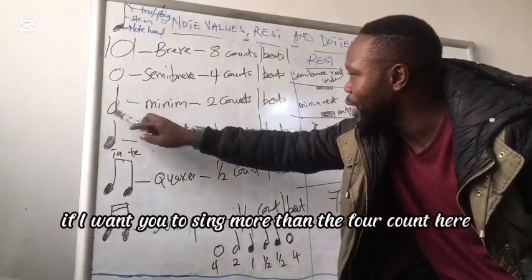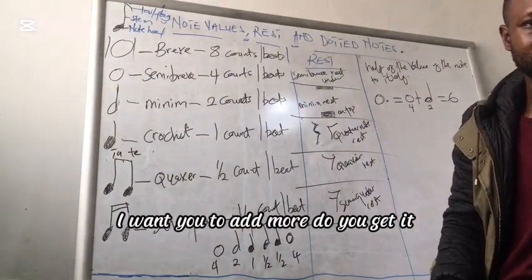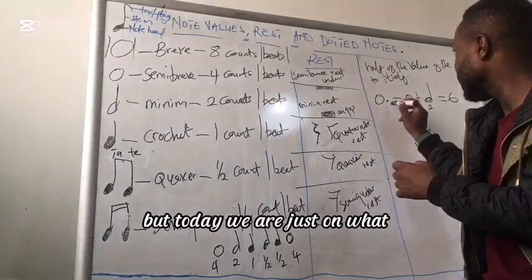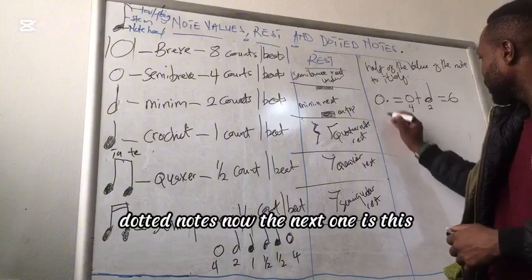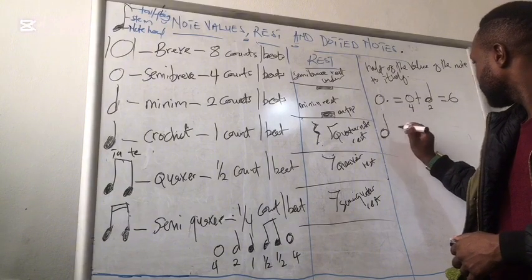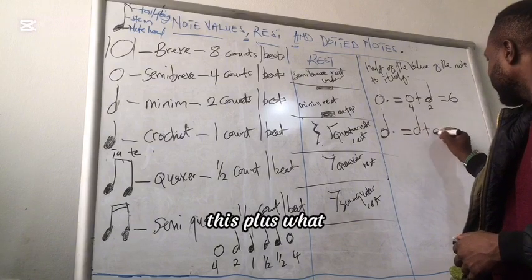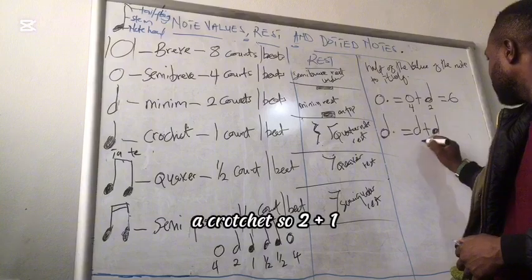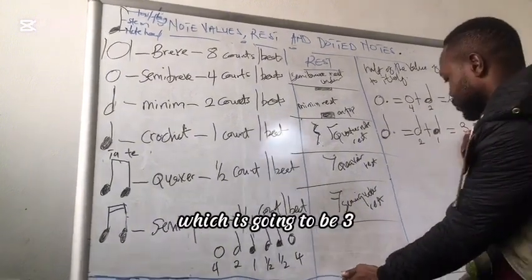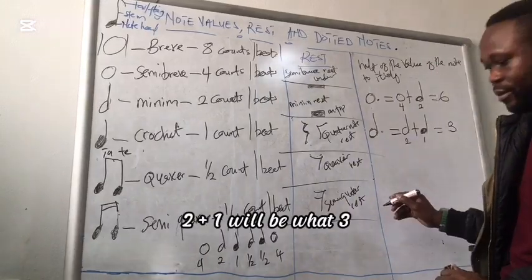If I want you to sing more than the 4 counts here, I want you to add more. Do you get it? In some cases, we will add ties, but today we are just on dotted notes. Now the next one is this. So this one too will be this plus a crotchet. So 2 plus 1, which is going to be 3. 2 plus 1 will be what? 3.